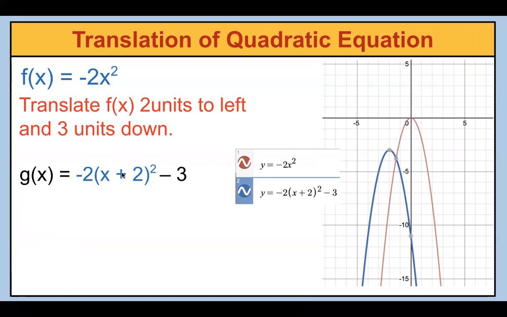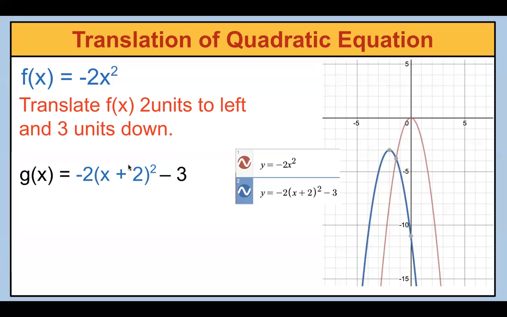Now, is it plus 2 units or minus 2 units? You should determine, right? So plus 2 or minus 2? I say plus 2. Why? Because x is opposite. Remember, x is opposite, y is the same. So when you go to the left, negative direction, it's the opposite.